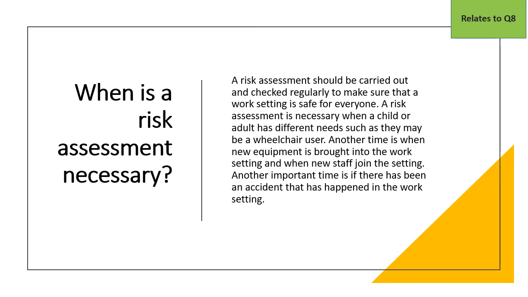If an accident has happened, a risk assessment needs to be done to find out why it happened. Accidents do happen, but as long as we can assess the situation and prevent something happening, and if something does happen we look at it again. Hopefully it would be something minor, and you've assessed the situation as best you can.